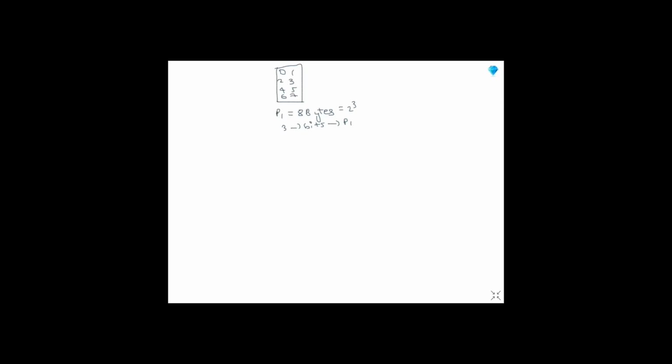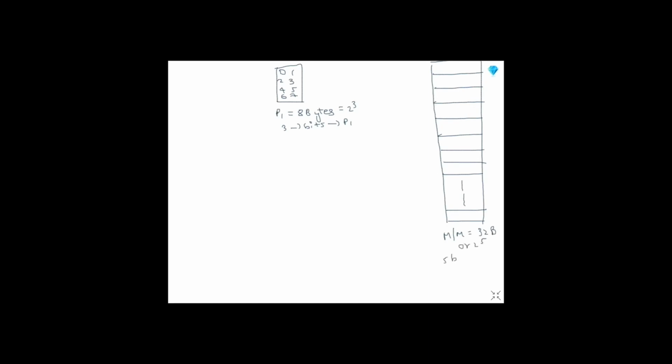Now, let us draw our main memory. We consider this as our main memory. Let us consider that the size of the main memory is 32 bytes, and you can also write that as 2 power 5.